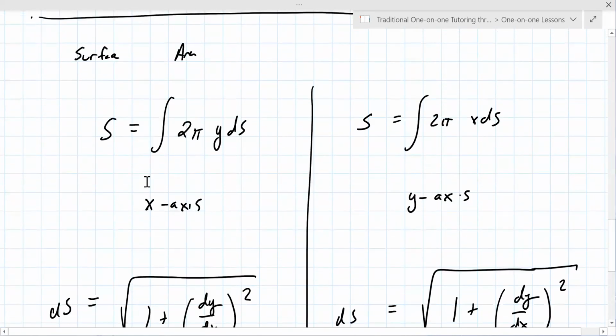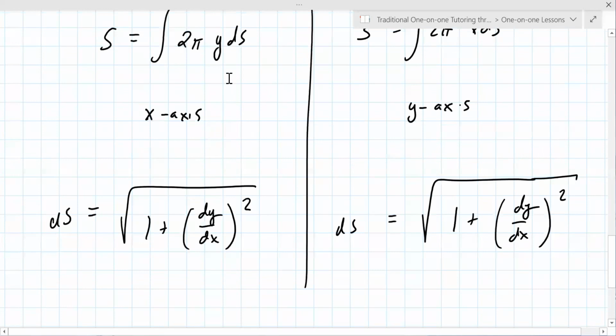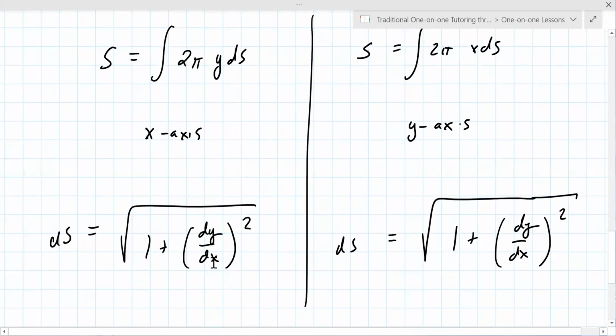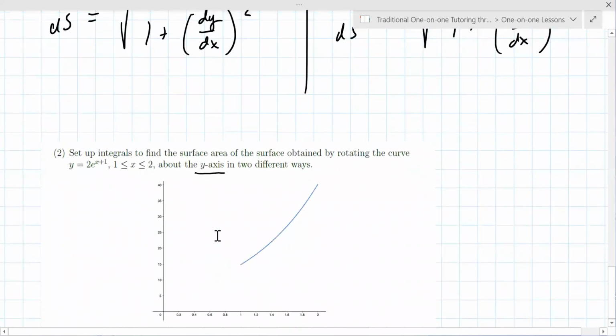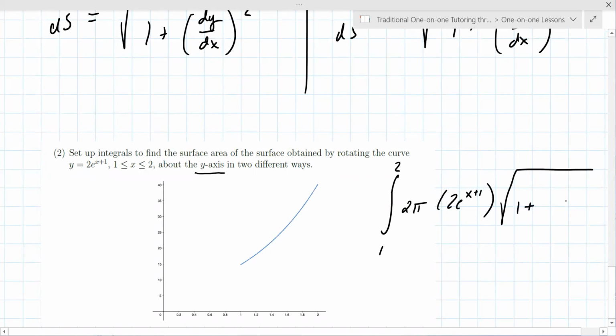The x-axis is the more straightforward because it's solved for y already. So the x-axis one is the integral from 1 to 2 of 2 pi times y, which is 2e to the x plus 1, and then the square root of 1 plus the derivative of 2e to the x plus 1, squared.